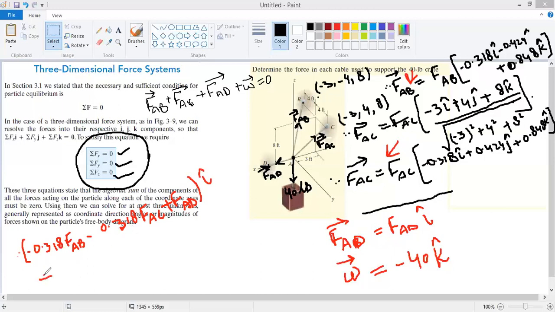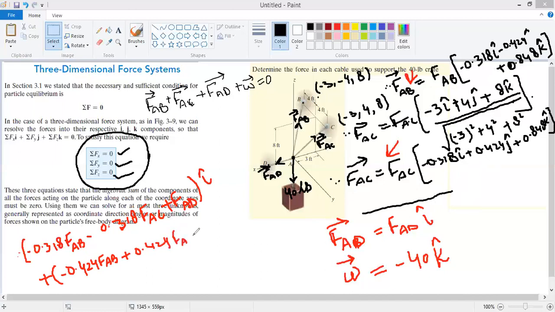Then we'll be adding up the j components. As far as the j component is concerned, it is minus 0.424 FAB, minus 0.424 FAB. Then we have plus 0.424 FAC, plus 0.424 FAC.